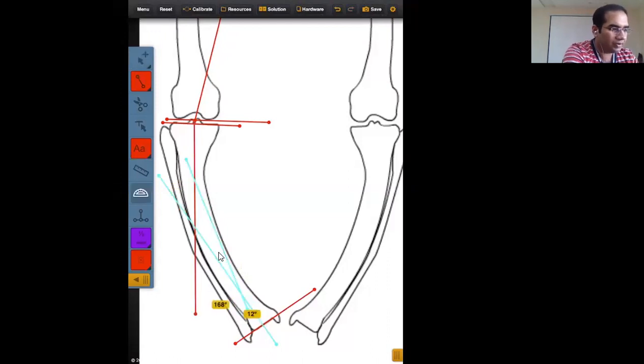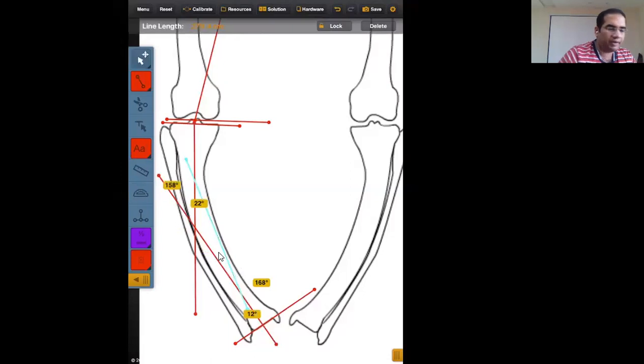As you can see here, the magnitude of deformity in this X-ray is 34 degrees. And here the 22 degrees of deformity are in the proximal part and 12 degrees in the middle part. So the resultant deformity magnitude remains the same.